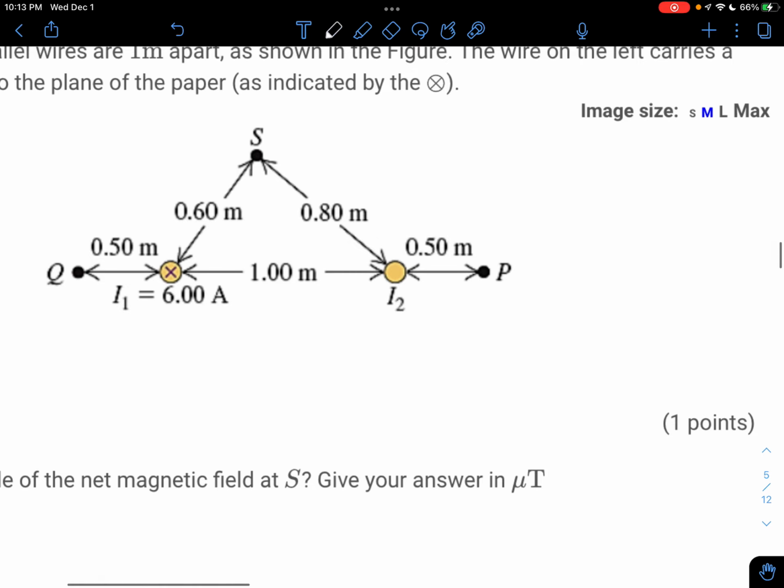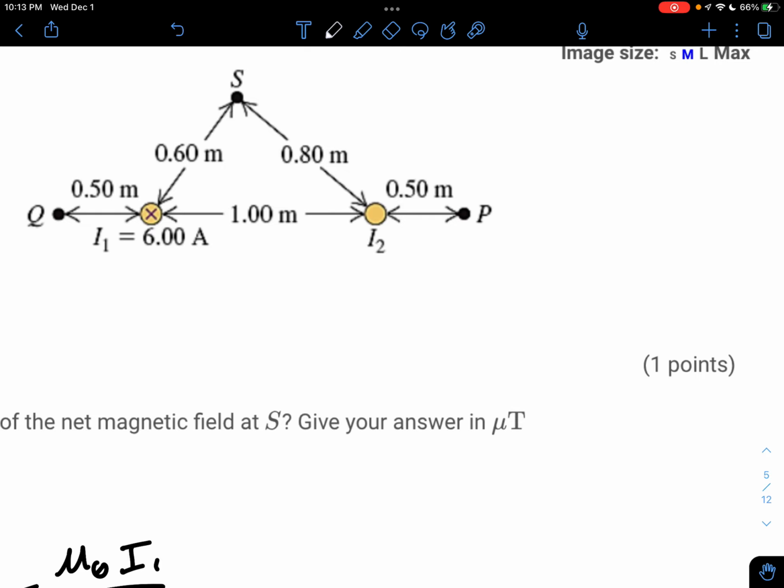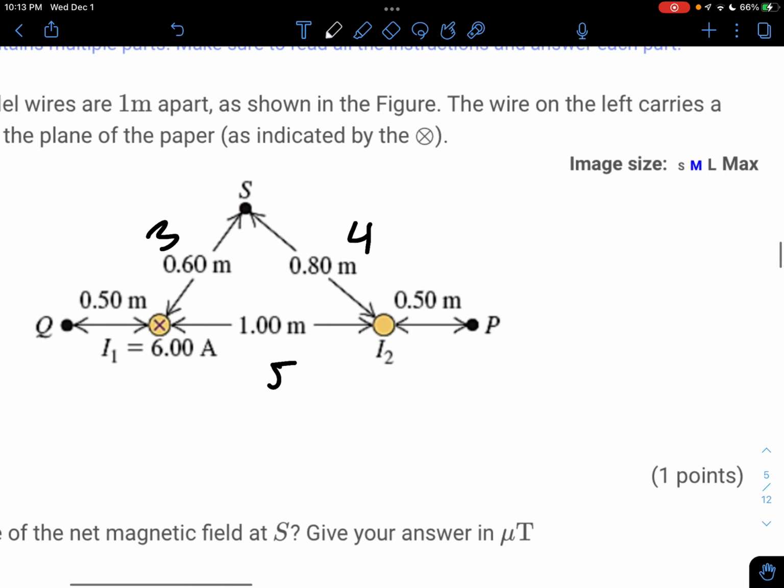Divide this, it's a 3, 4, 5. I don't know how the math actually works, but you can see it's a 3, 4, 5. We all remember that. Similar triangles, which means this is a right angle.